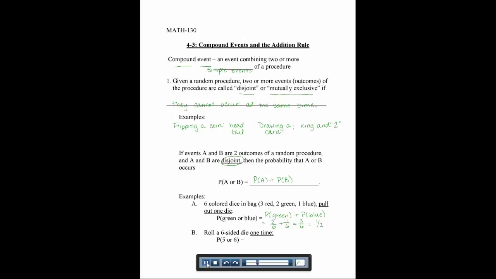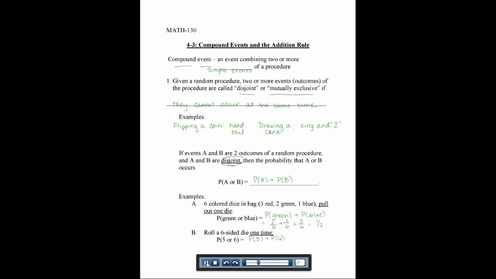So a similar problem says we roll a 6-sided dice 1 time. Okay, so just a normal die. We want to know what's the probability that we roll a 5 or a 6. Now, when we roll a dice, we can't get a 5 and a 6 at the same time. So these are disjoint. So this would be the probability of getting a 5 plus the probability of getting a 6.